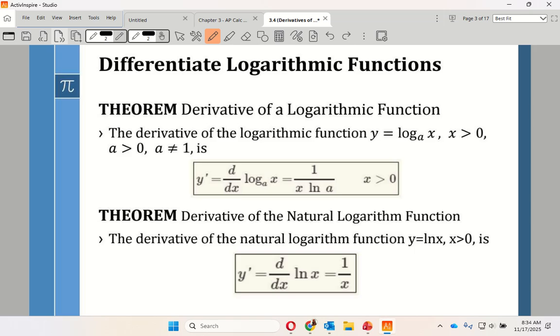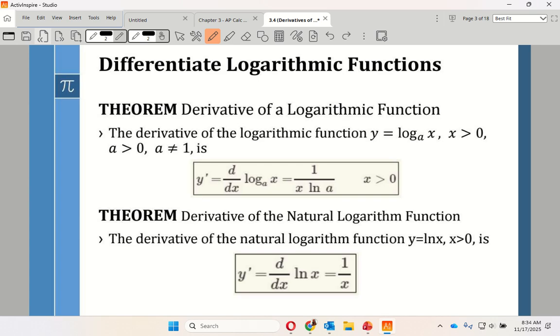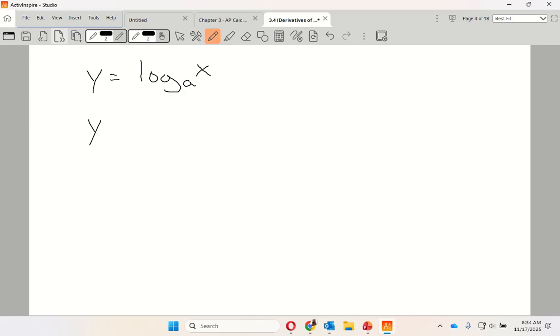So if I use that information here, y is equal to log base a of x, then y prime is equal to 1 over x ln of a.